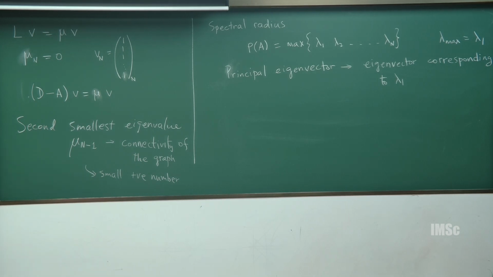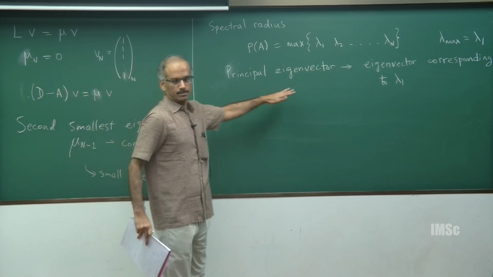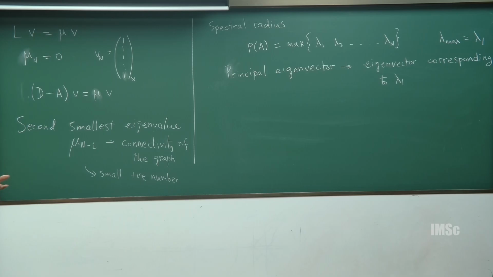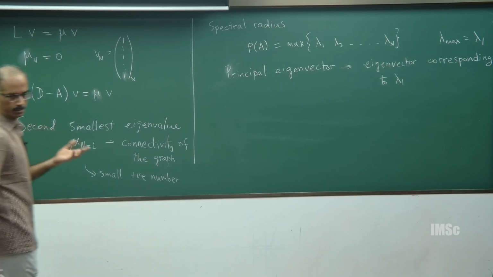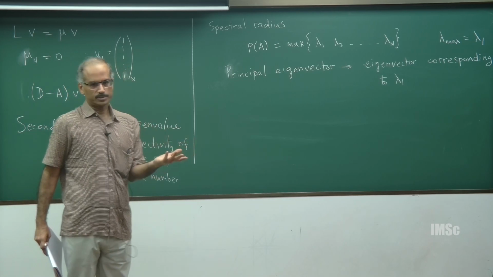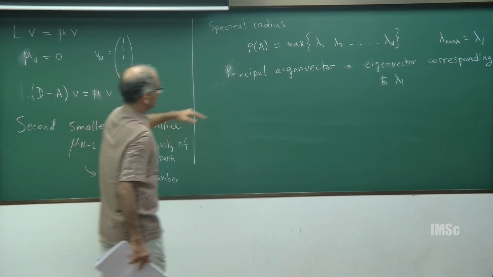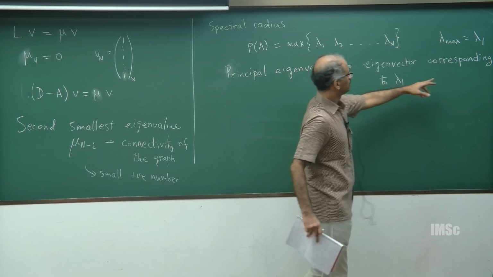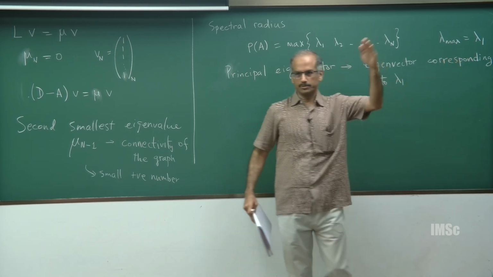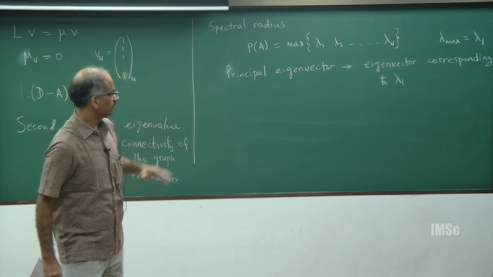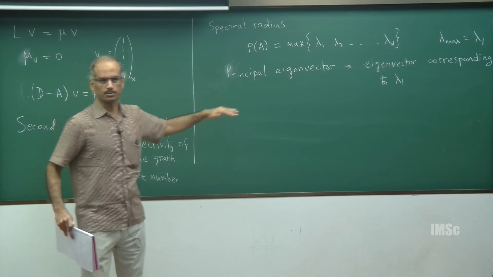In particular, one place where it is supremely important is in this PageRank algorithm, which powers many of the search engines that we have today. So, the eigenvector components corresponding to this eigenvalue give you the ranking of the web pages. It is a separate topic in itself, but nevertheless just letting you know that it is important.